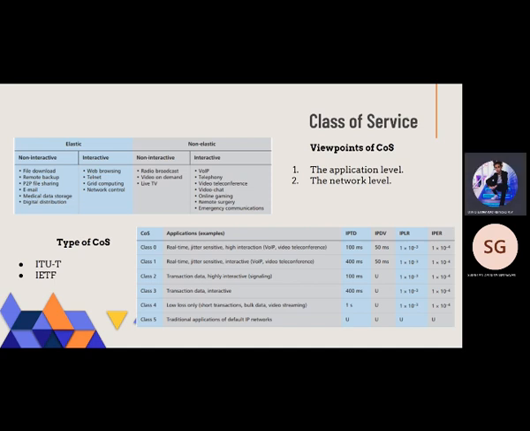The first type is the ITU-T, and this type has four topics. The first is the IP packet transfer delay. The second is the IP packet delay variation. The third is the packet loss ratio, and fourth is the IP packet error ratio. And this class can be visualized on the right of the presentation.